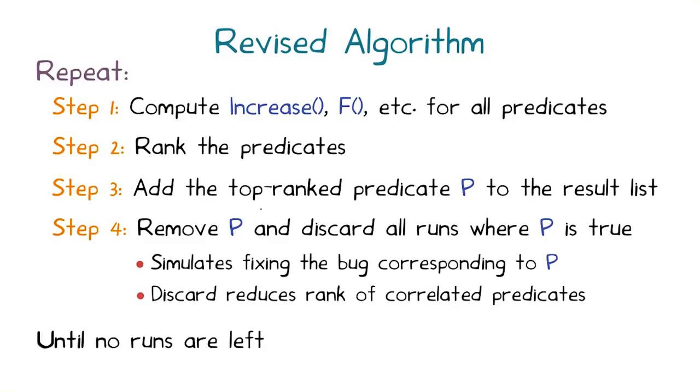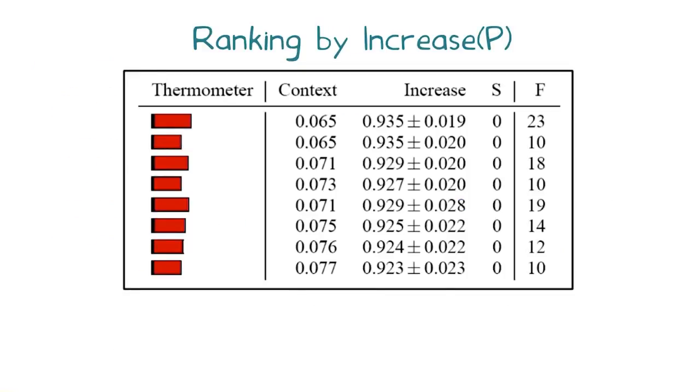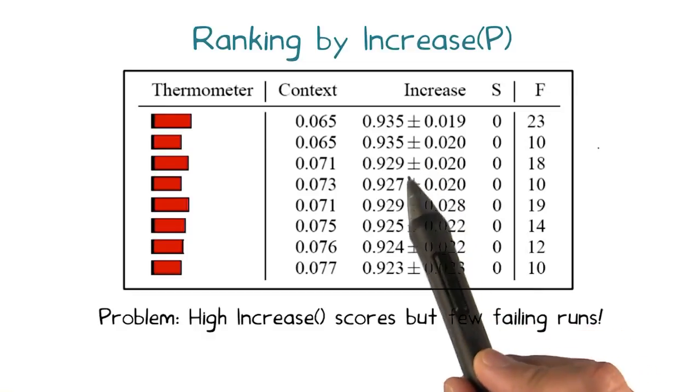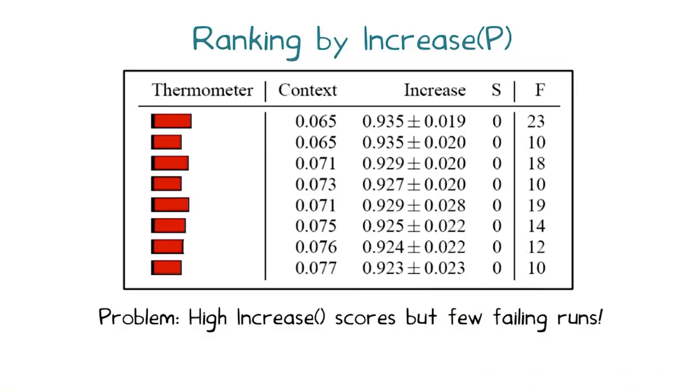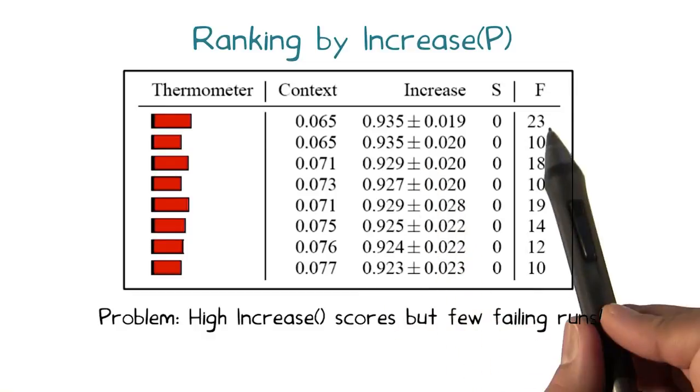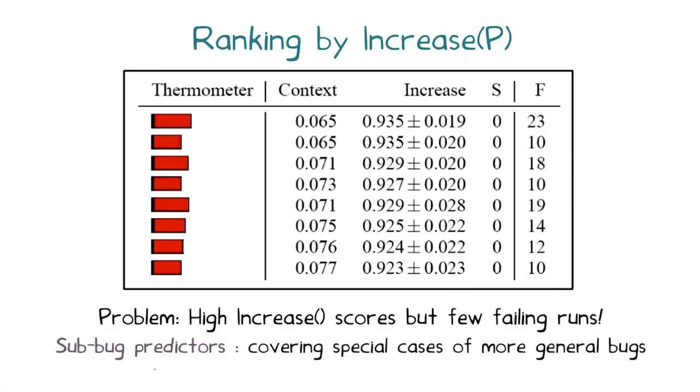One strategy is to rank the predicates by the increase metric. While this does give us predicates with high increase scores, it tends to give us predicates that explain relatively few failing runs. We call these types of predicates sub-bug predictors because each of them tends to predict a special case of a more general bug.